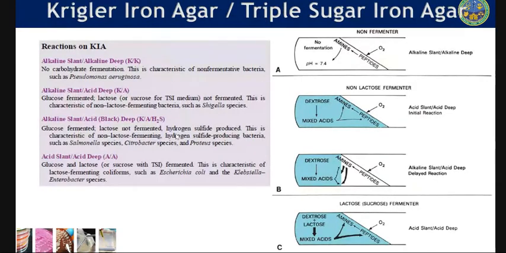Other than that, the most common one being utilized right now in the laboratory is your KIA or Kligler iron agar, which is the earlier agar utilized under this type of biochemical reaction. And then you have also your triple sugar iron agar. They vary only in one particular type of sugar.